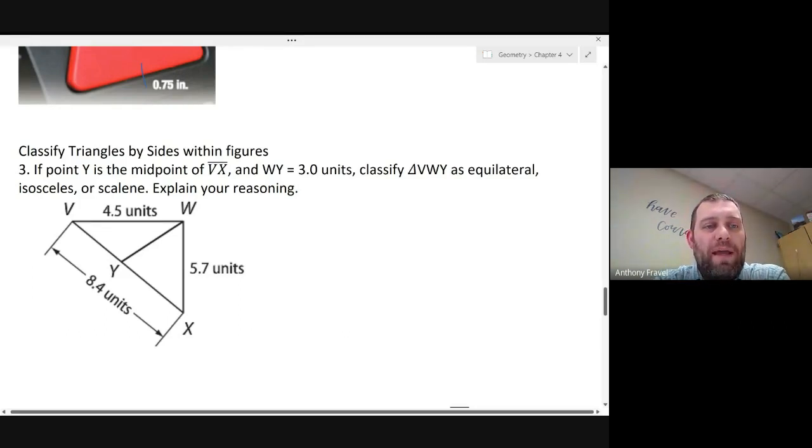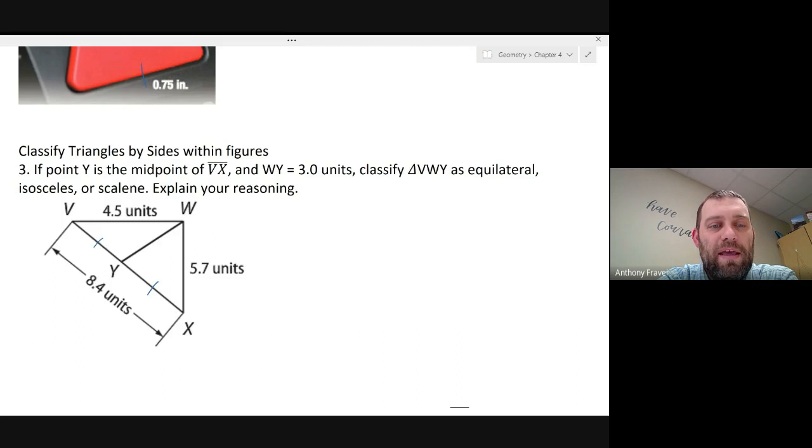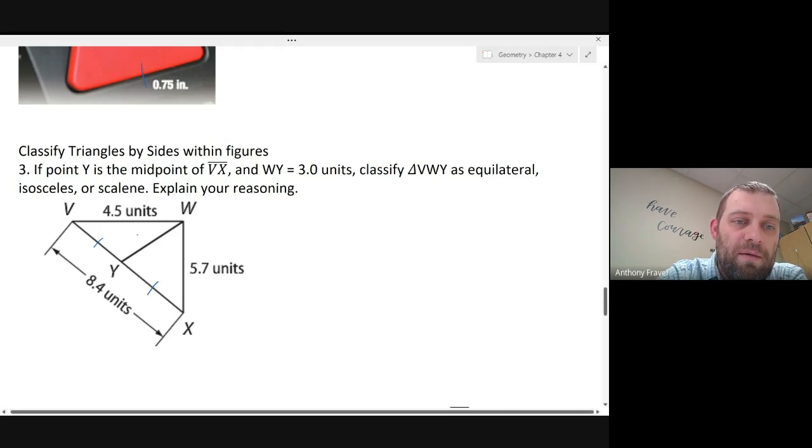So it says if point Y is the midpoint of V and X, if it's the midpoint, that tells me that this side and this side are exactly the same. Okay, so point Y is the midpoint of V and X, and WY is 3 units. So I'm going to write that in there. W and Y is 3.0 units. Okay, that's my decimal point right there. Classify it as equilateral, isosceles, or scalene.